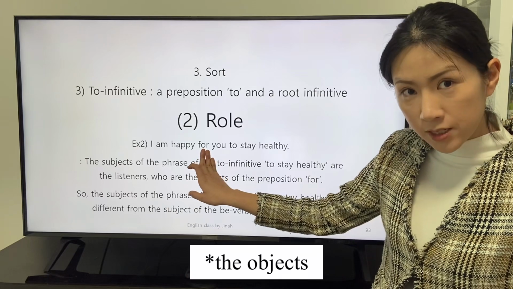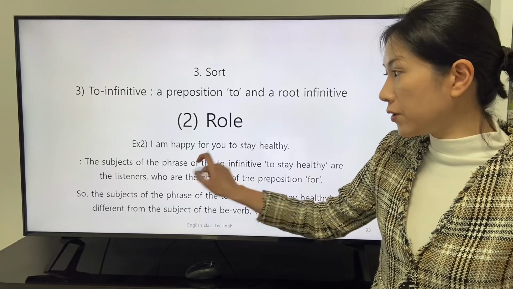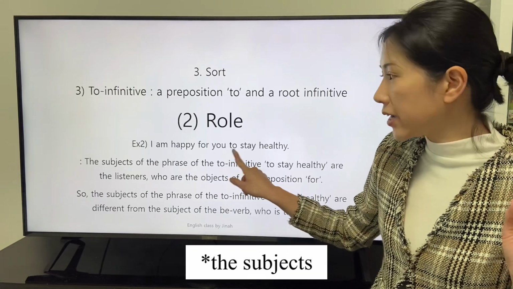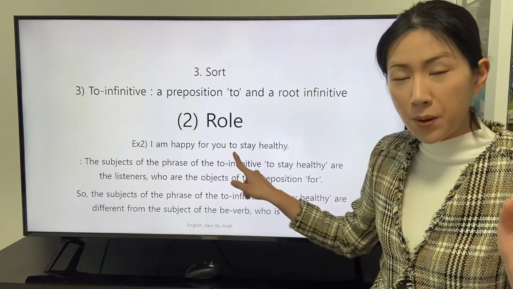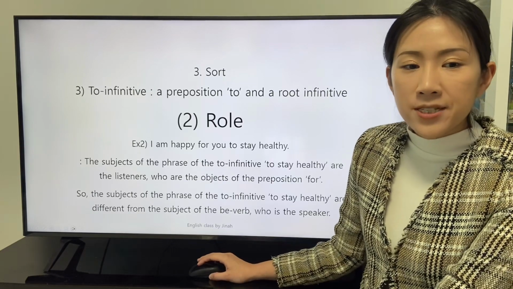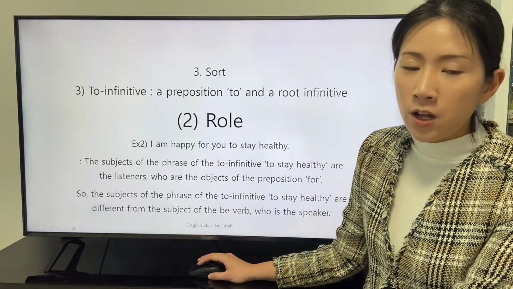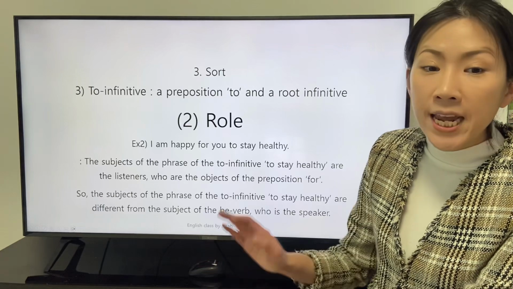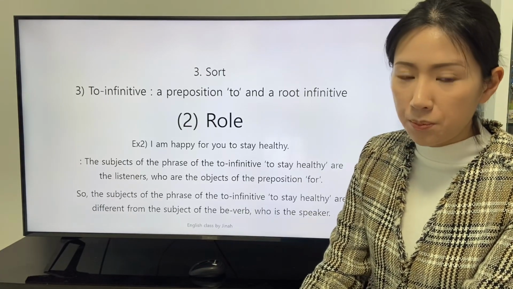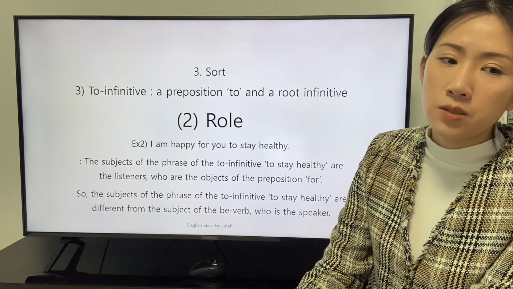The object of the preposition for and the subject of the preposition to. So, the subject of the phrase of the to-infinitive to stay healthy are different from the subject of the be-verb, who is the speaker.